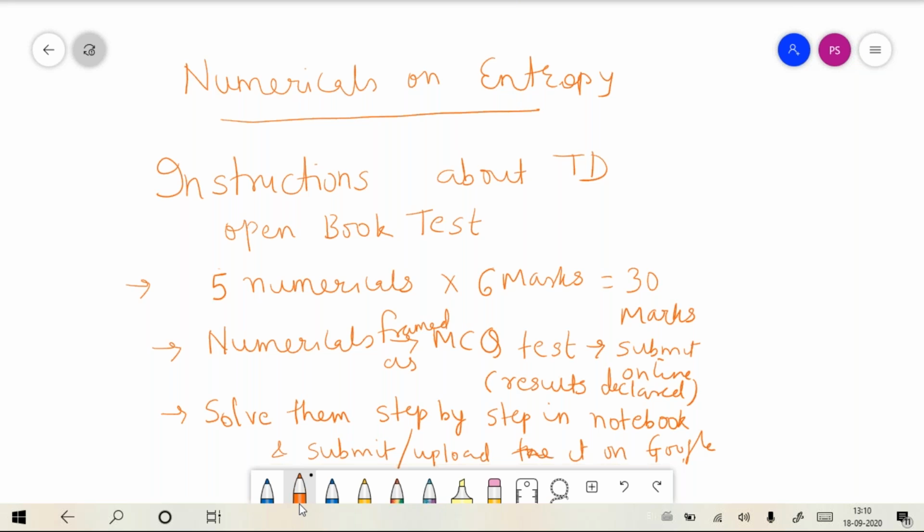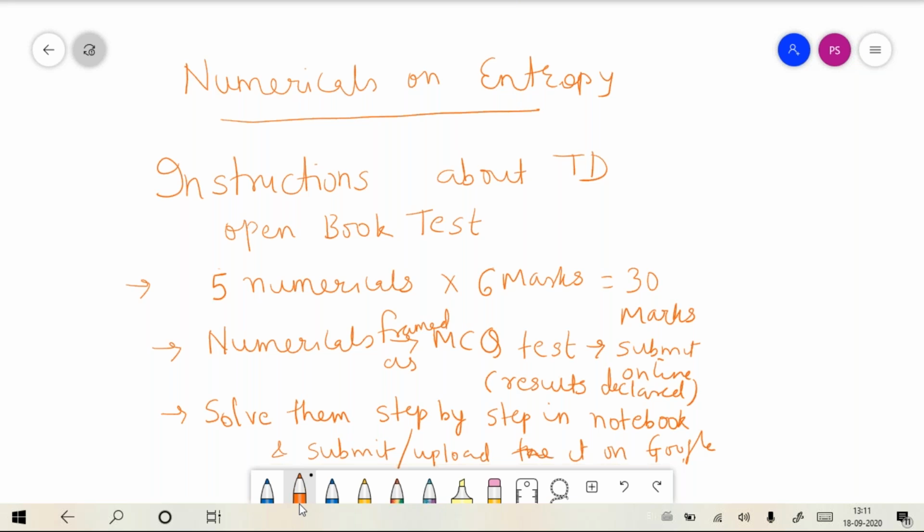I hope this is very clear to you, right? I don't feel that it needs repetition. 5 numericals would be asked for 6 marks. These would be based on the application of the first law of thermodynamics: closed system, open system, steady flow system, and whatever concepts have been covered in the videos would be used for framing those numericals.